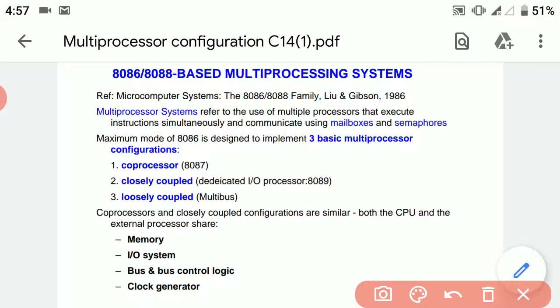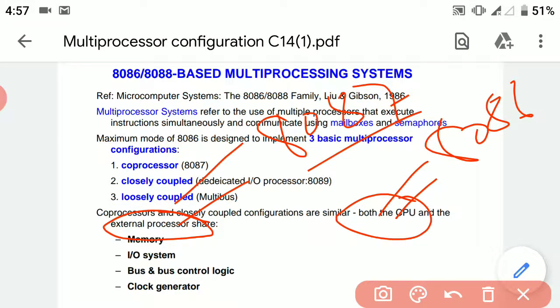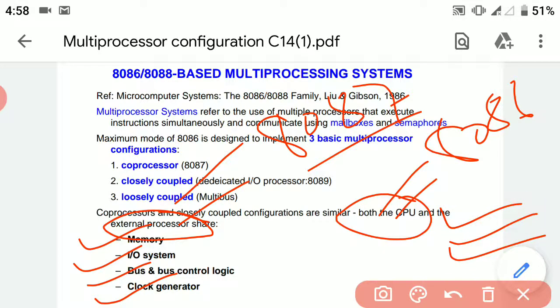The most important feature of this configuration is that both the CPU, which is our main processor, the 8086, and the external processor, our 8087, share the memory, input output system, bus and bus control logic, and clock generator of the 8086 processor.